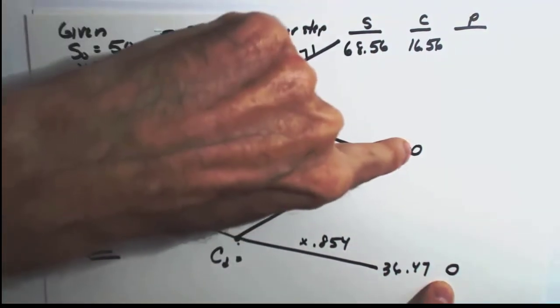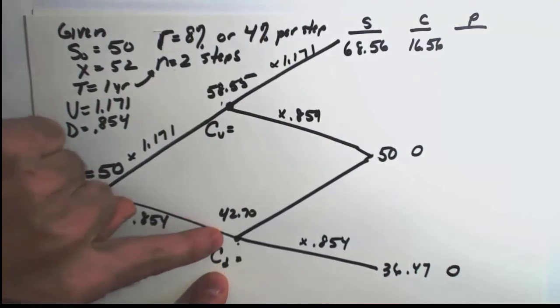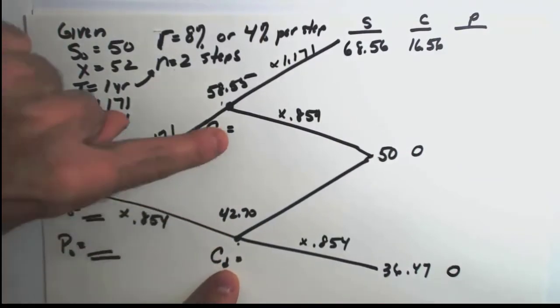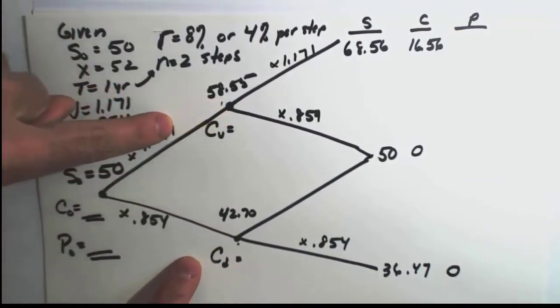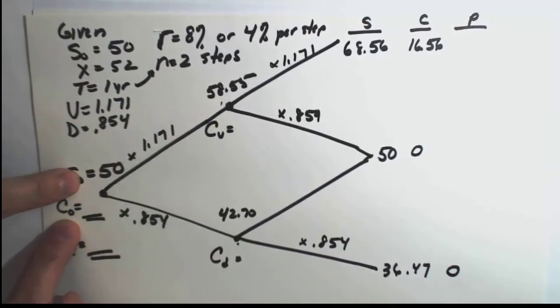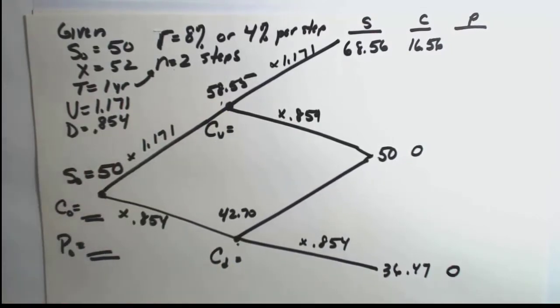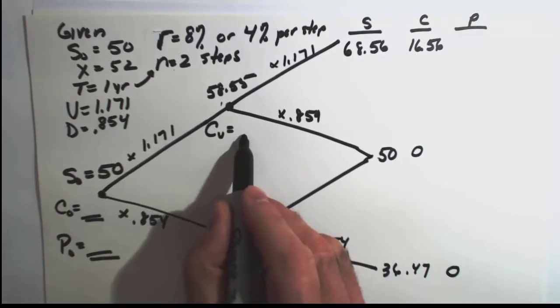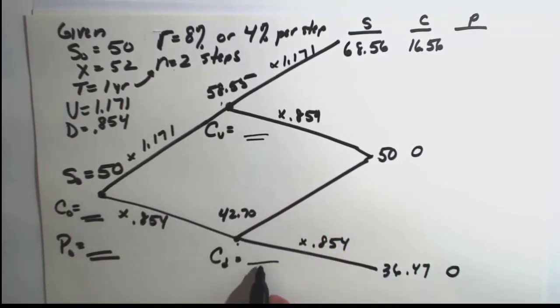We're going to look at these two prices, converge over to the CD, get these numbers, and then we're going to work backwards again to come up with what the call should be here. So we're working backwards through the tree. Now, let me give you the underlying intuition of how to set this up, of how to compute the call on the up and how to compute the call on the down side.